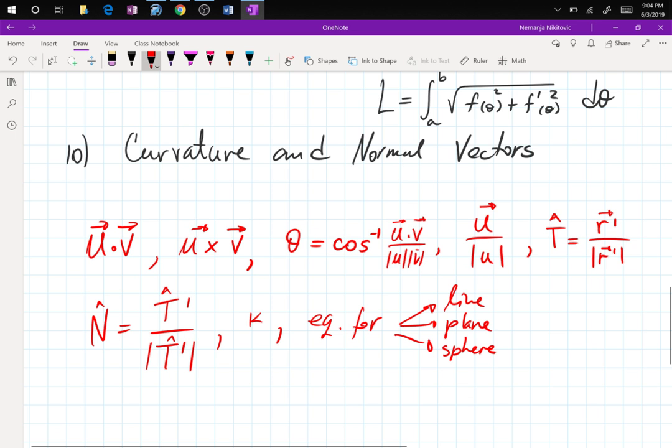Well, those are in a cross and a dot product, right? The work is the dot product between the force and the displacement. So, yeah, we don't have to go into the gory detail.